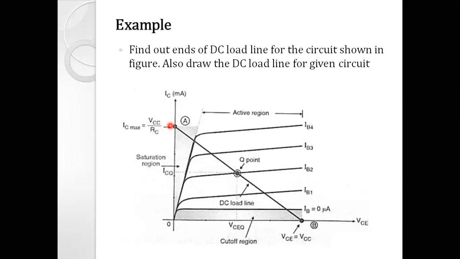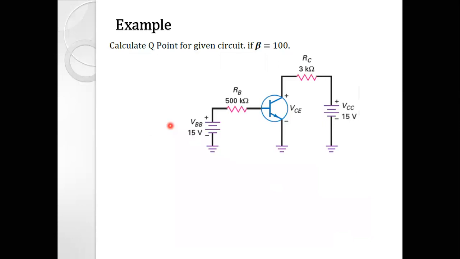Let us solve one more example, which is this one. A transistor is connected in common emitter configuration, and the problem statement says to calculate the quiescent point for this circuit diagram, and take the value of beta equal to 100, right?